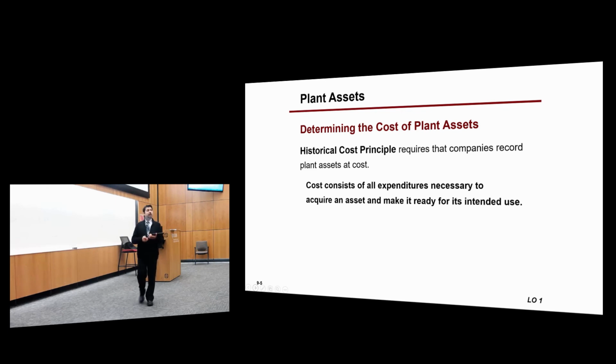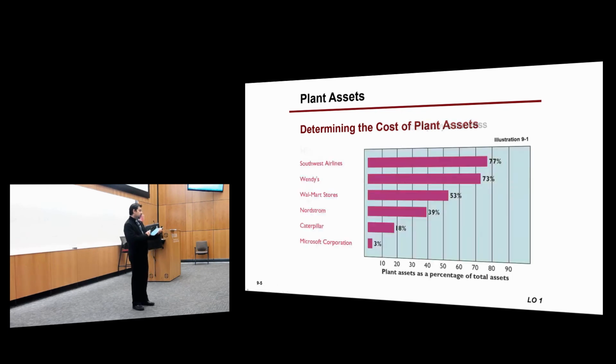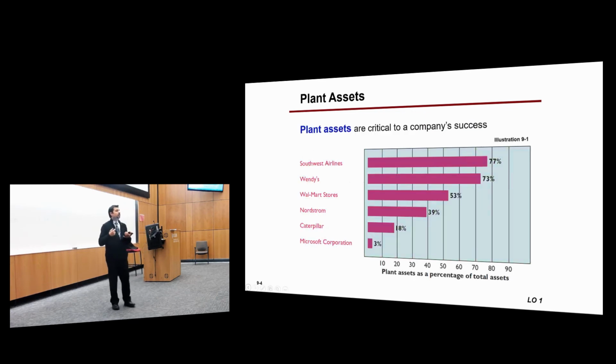Actually, as you can see here, a company like Microsoft, because they don't manufacture a lot, it's more in the intellectual property part that their assets are. This is why you can see that they have a very small property, plant, and equipment portion of their assets.